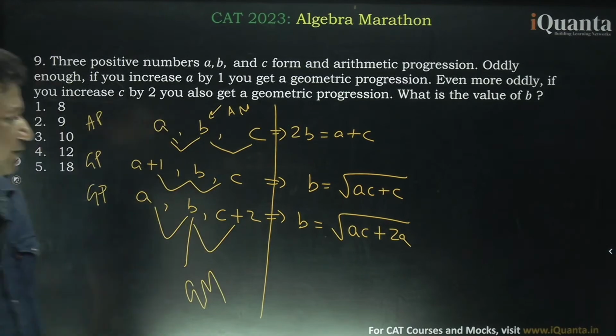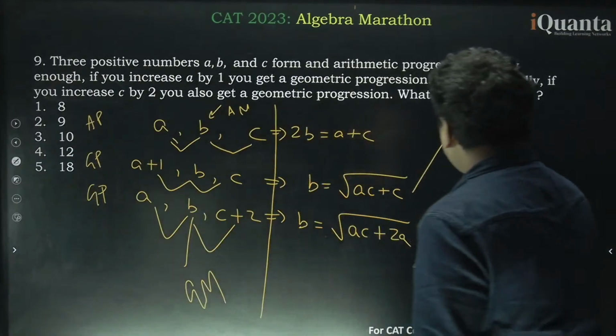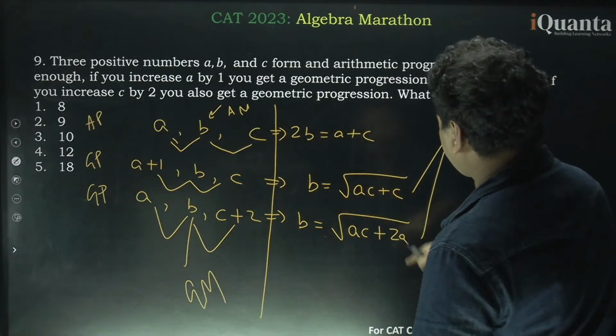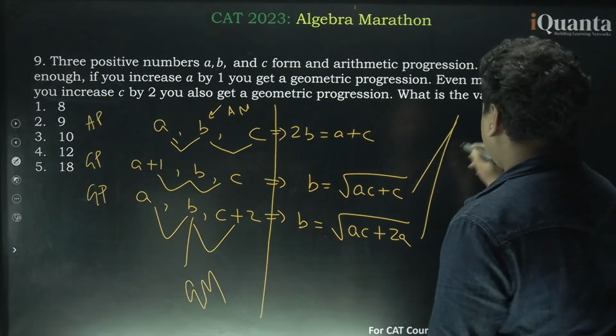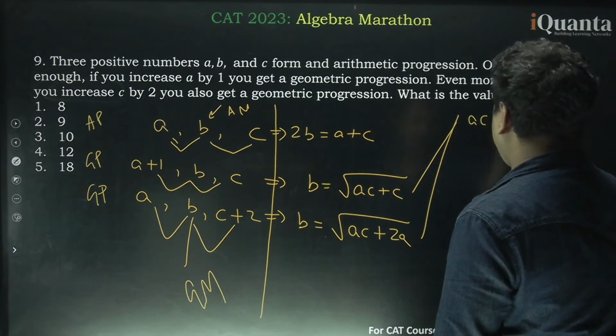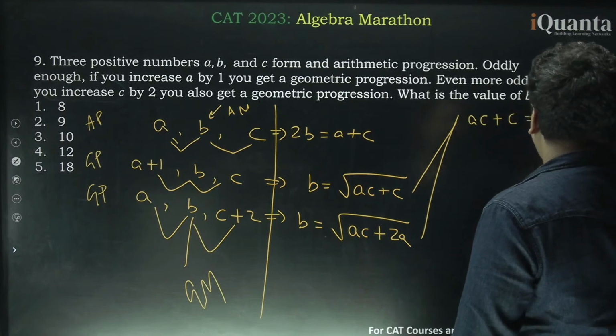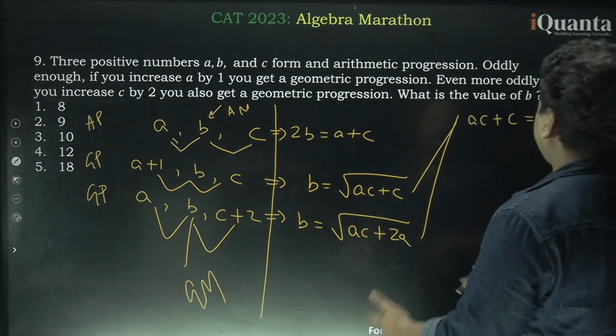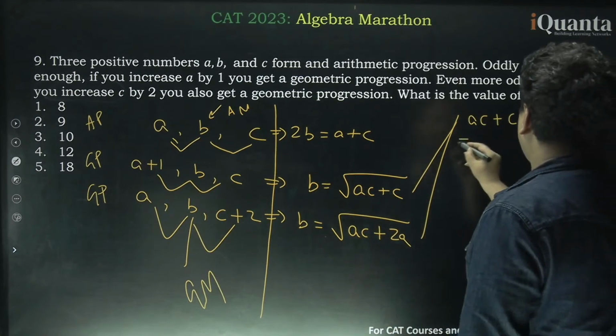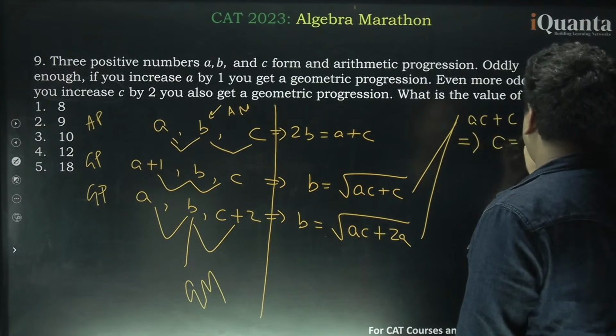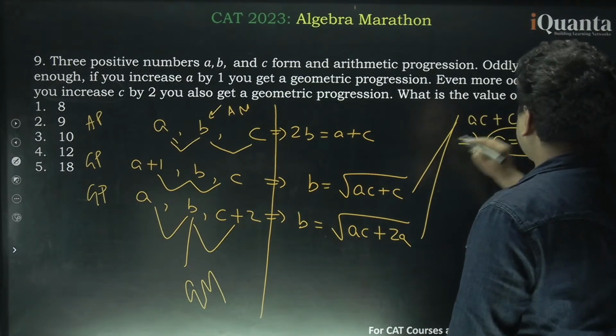By the way, if I combine these two, like left hand side is same, so RHS also has to be same, which means AC plus C should be equal to AC plus 2A. Cancelling the square roots, taking the positive square, so we'll be having C is equal to 2A. That is what we have.